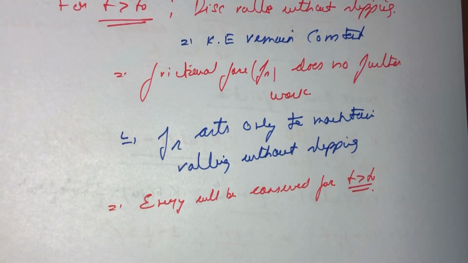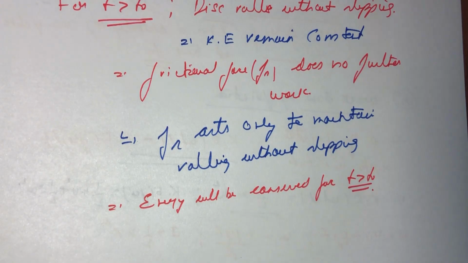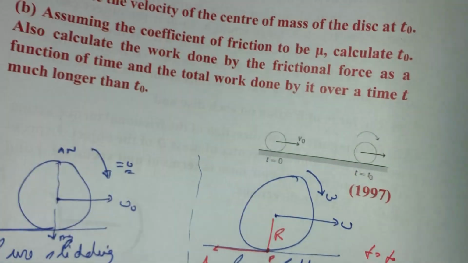So it means the work done by the friction lasts a little bit longer than t equal to t naught, which was said in the question also.